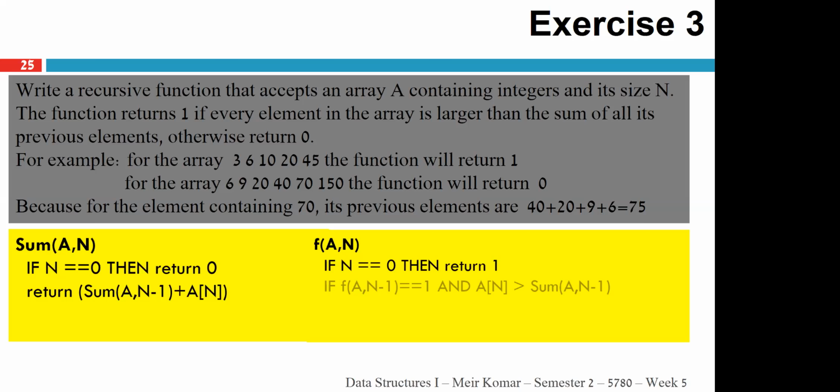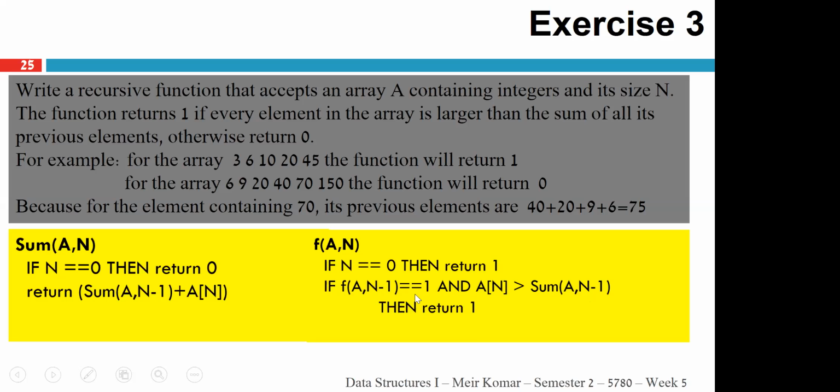Now, if f of n minus 1 is equal to 1, the previous n minus 1 numbers were true, and this particular one, a of n, is greater than the sum, then return 1. 1 and 0 will be true and false.